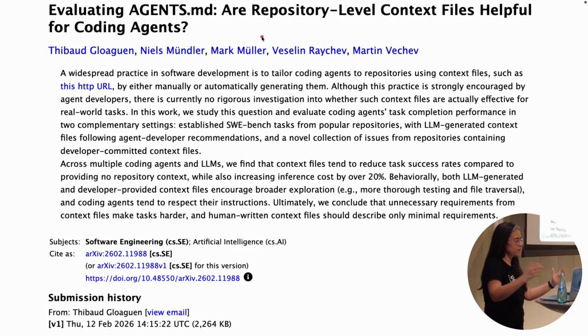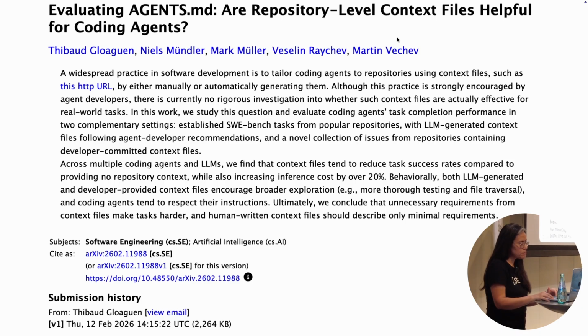So basically a context file as well. And in this study, they performed some research to see the impact of those context files at repository level, so the context files that are actually in the project. You can take a look at this paper here.